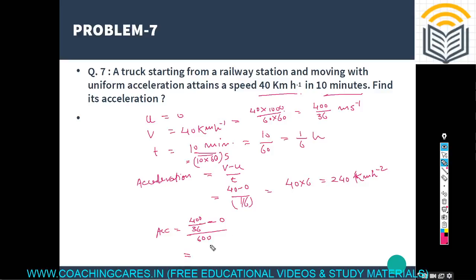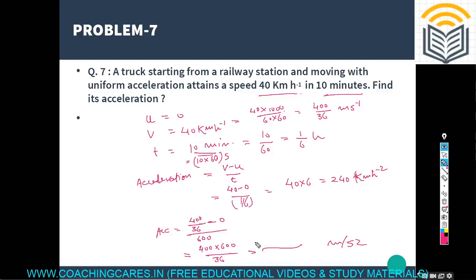That thing will become 400 divided by 36 into 600, and like this you can calculate. That answer will become meter per second square. So like this you can calculate in different units and get all the answers.